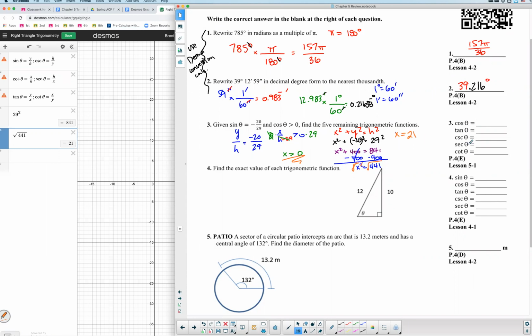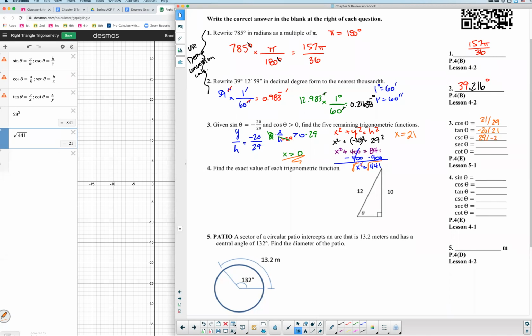And so to get our 5 different ratios here, you just follow these ratios listed on the left side. So cosine is x divided by h, which is 21 divided by 29. Tangent would be y over x, so -20 over 21. Cosecant is h divided by y, so it'd be 29 divided by -20.